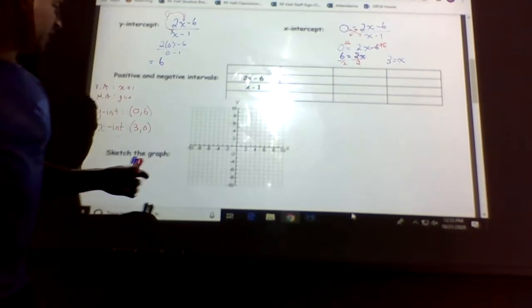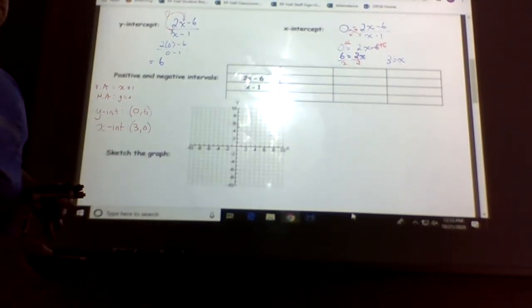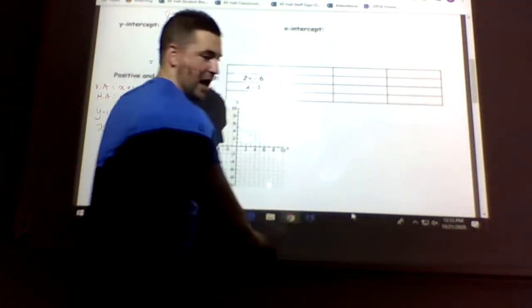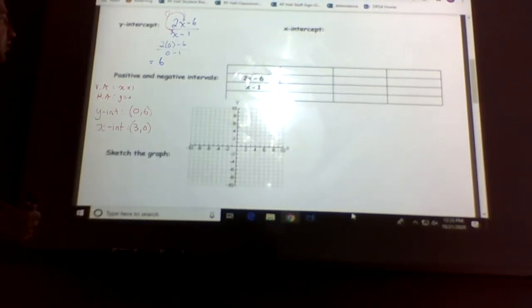Right now we have a few points, but we have to fill the rest of the graph out. So this is what's going to happen. You're going to take your vertical asymptote and your x-intercept. Our vertical asymptote is 1 and our x-intercept is 3.